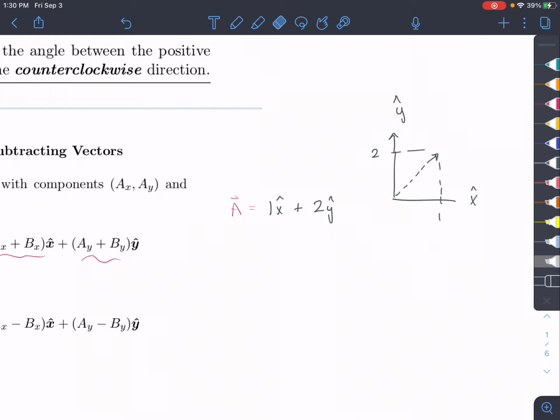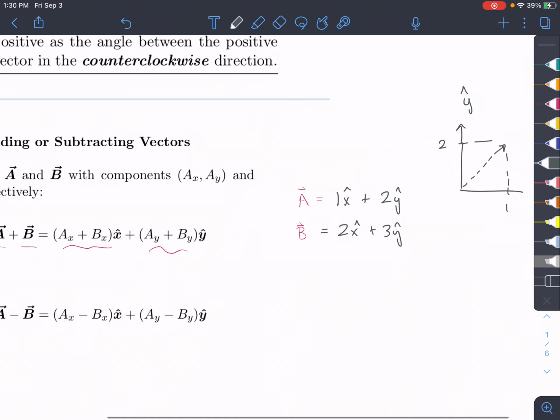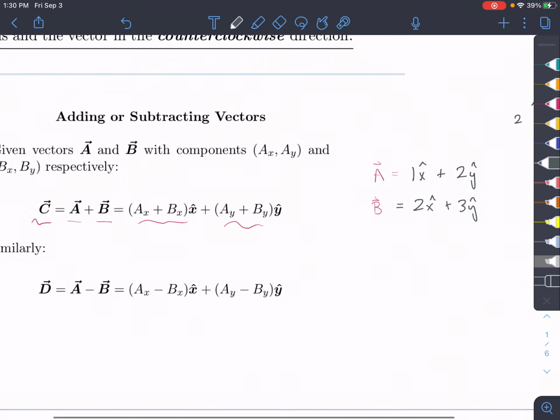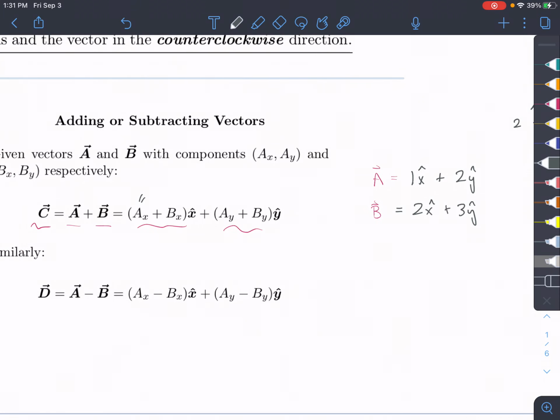So if I have this vector A, and then I have another vector B, B is equal to 2x hat plus 3y hat. Okay, now we need to add them together. So let me ask myself, what's my Ax component? Well, I have 1 for the magnitude in the x direction, and then for my Bx component, I have 2.